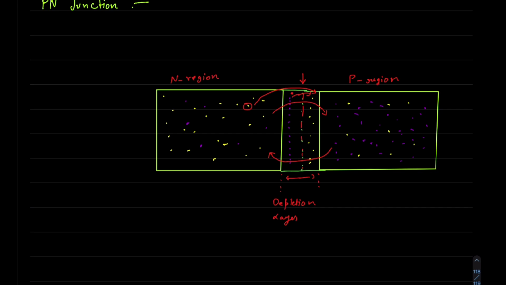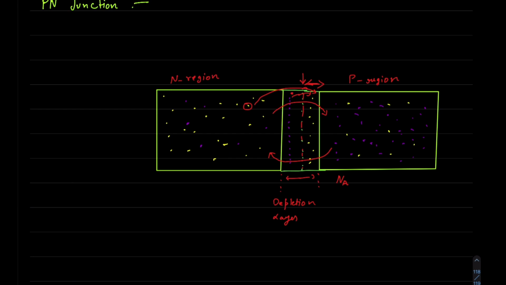So we get negative ions in the p region, and we get holes in the n region. As a result, the charge density of the p-type semiconductor along the junction is filled with negatively charged acceptor ions, Na, or acceptors. So we call them ions.